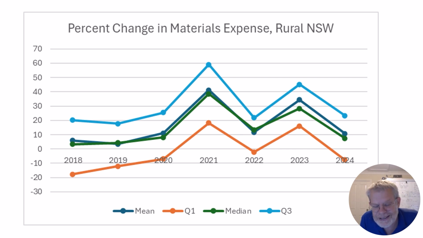Councils are actually faced with a lot of the same constraints we have in our household budgets. Only a small part of that material and contract expense is discretionary. That's where we do need to have control and be more efficient. But a lot of it's actually outside of our control. But anyway, that's typically what happened in rural councils. And if your council did a similar thing, well, then they were typical.